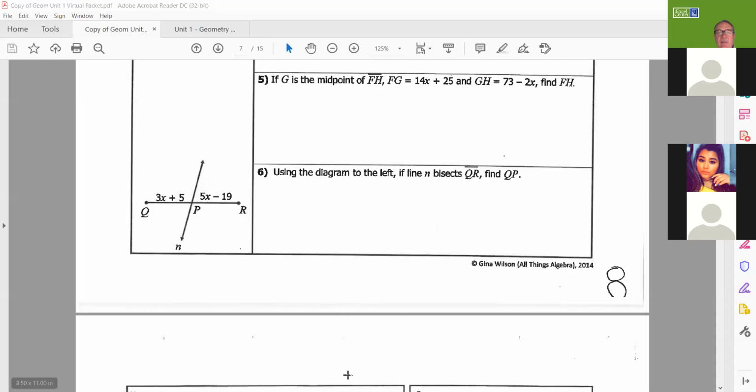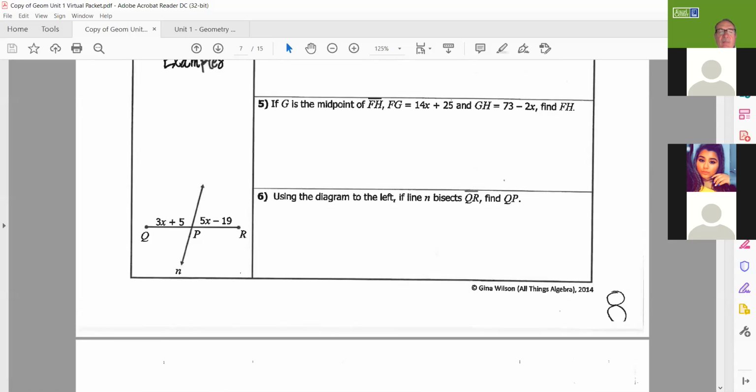So it's going to go back to the handout. Because now what they're going to do is try to make this midpoint stuff more complex.